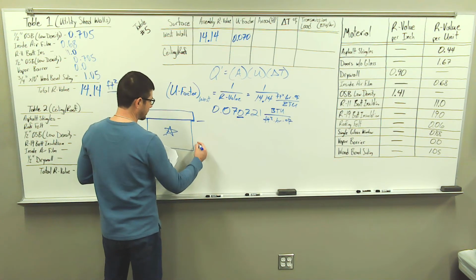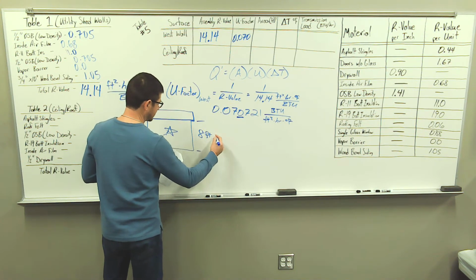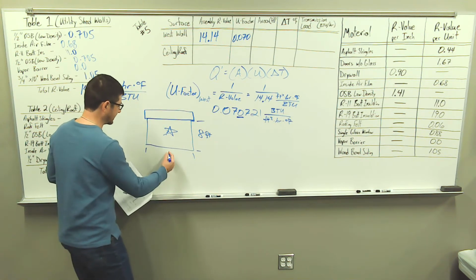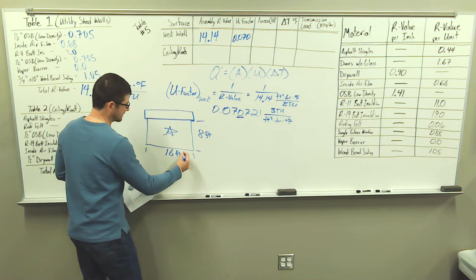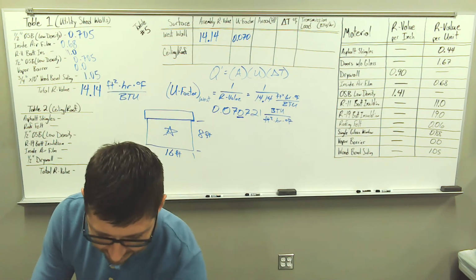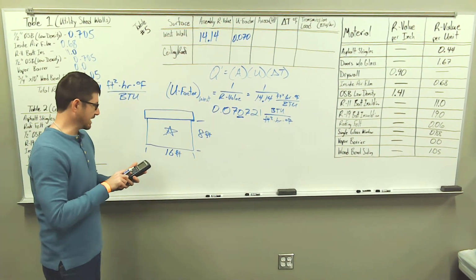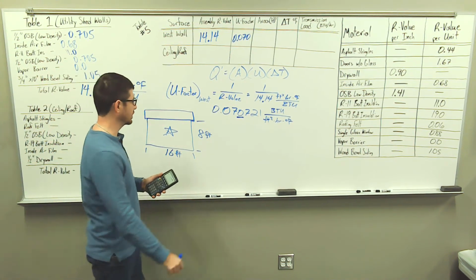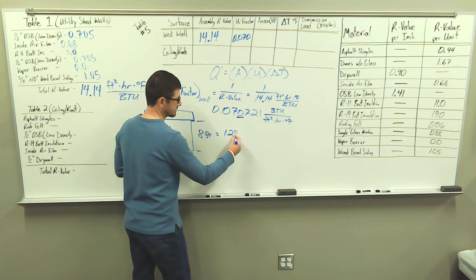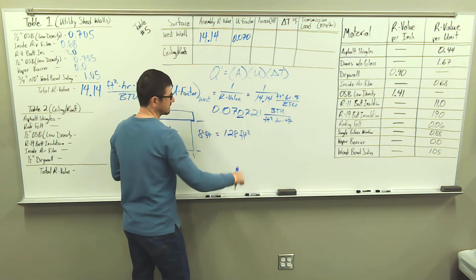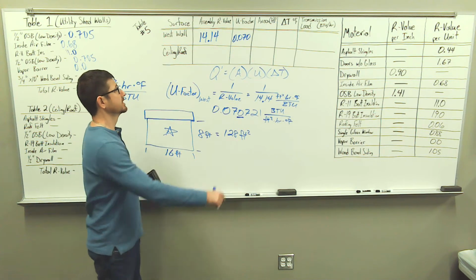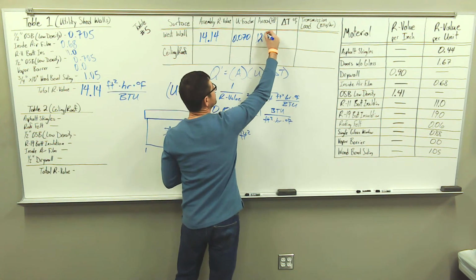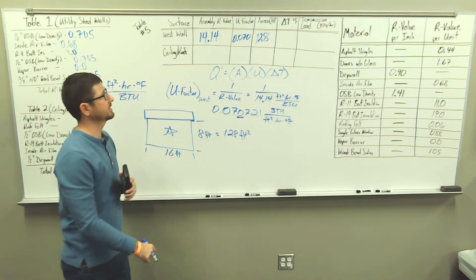The height of the wall is 8 foot, and the width of this wall is 16 foot. Let's calculate the area: base times height, 16 times 8, gives me 128 foot squared. Let's put that in our space up here, 128, with units of square feet.